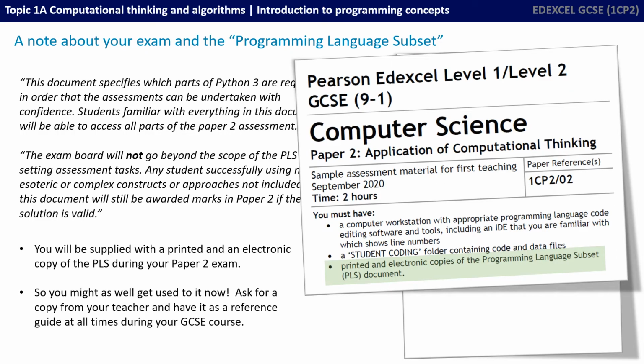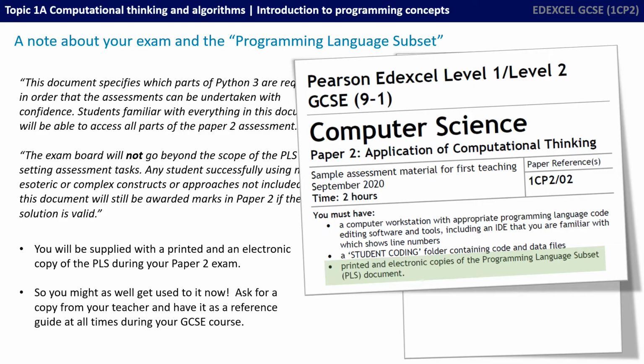Now, these 2 points are really important because you will notice here from the front of the Paper 2 exam, it states that a printed and electronic copy of the programming language subset must be supplied to you for use during the exam.